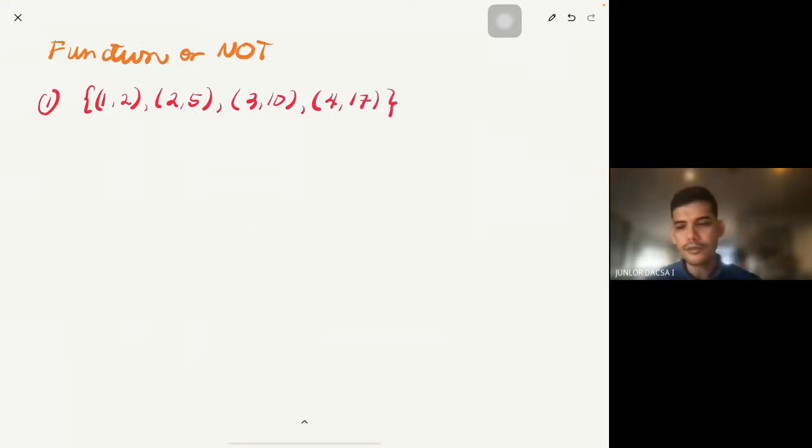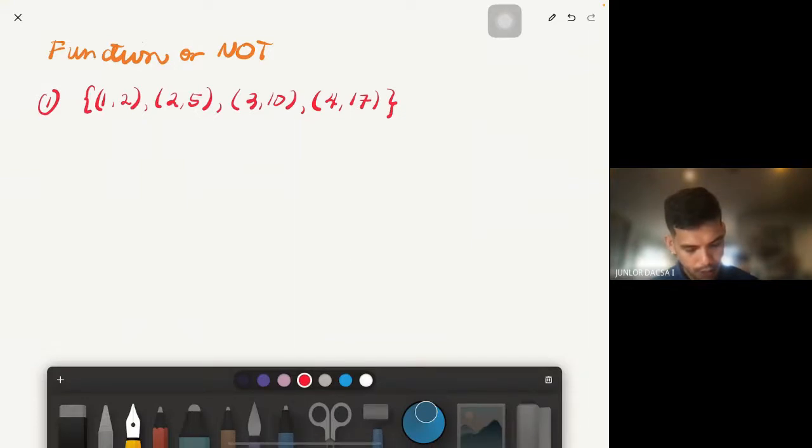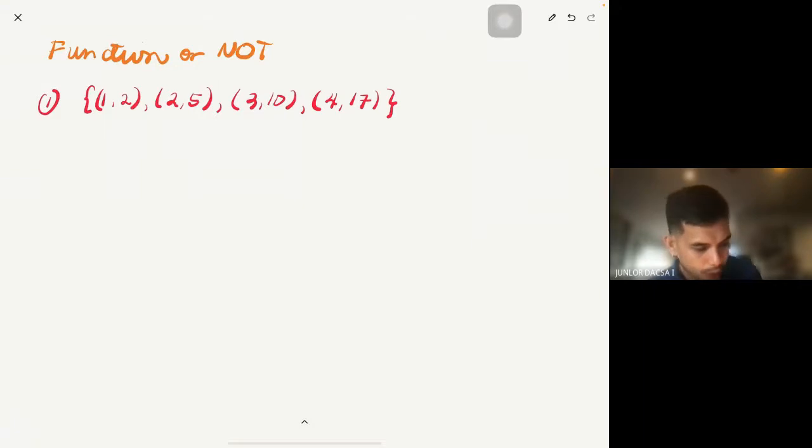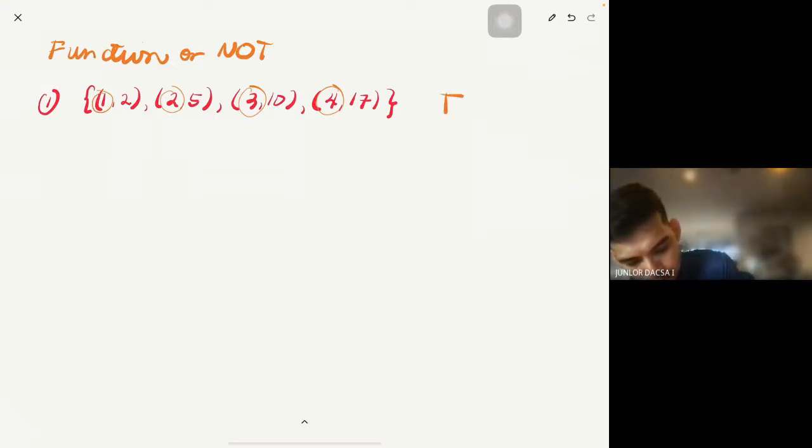So let us observe first the first element. To determine if it is a function, the domain must not repeat. So let us observe the domain. The elements of the domain are 1, 2, 3, and 4. So no domain element repeats. Therefore, this is a function.